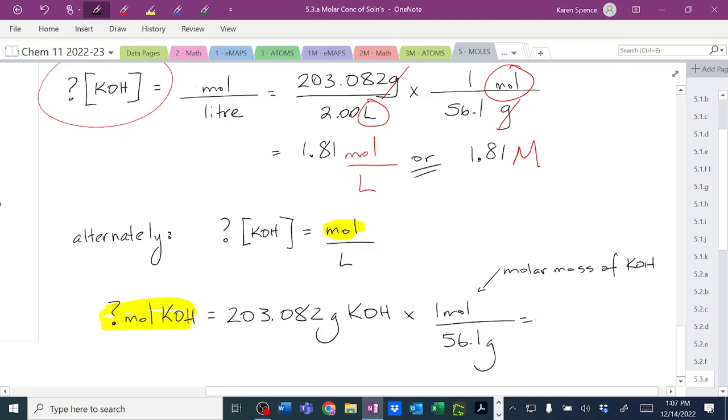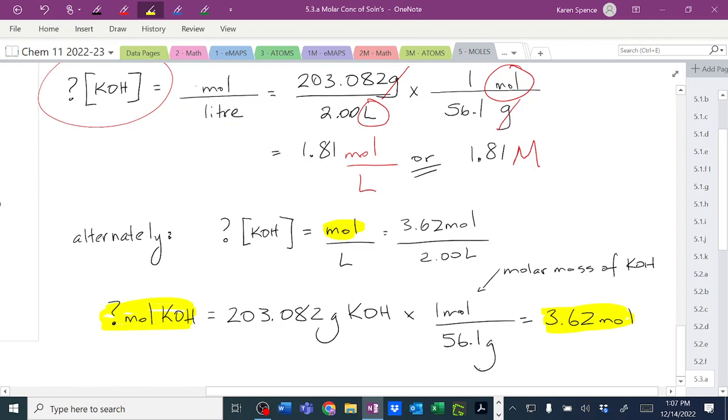And I calculate that 203.082 divided by 56.1 gives me 3.62 moles. So from here, we just say I have 3.62 moles divided by 2.00 liters, right?